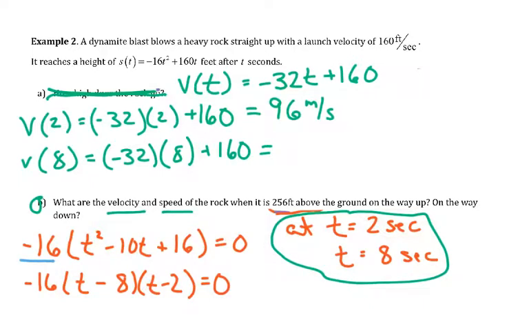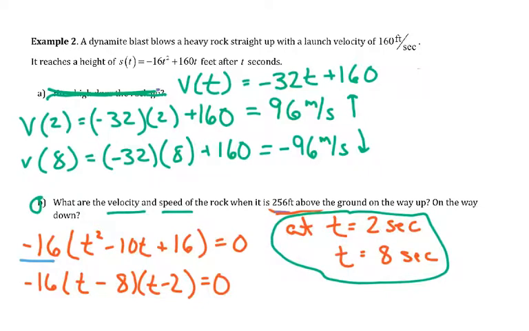So for when time equals 2, the velocity is 96 feet per second. It's positive, so it's going up. And at 8 seconds, it's 96 feet per second. It's negative, though, so it's going down.